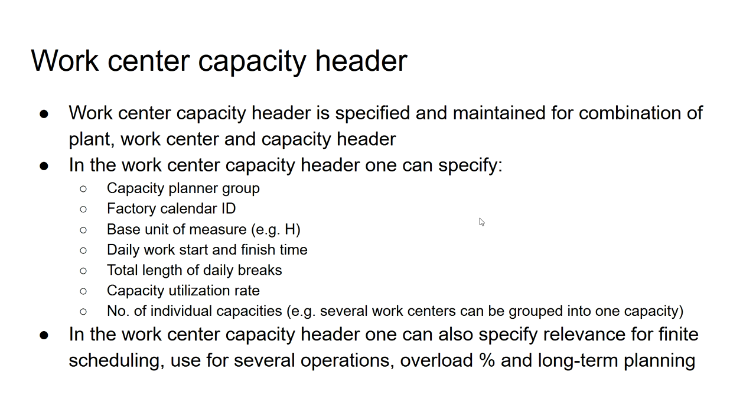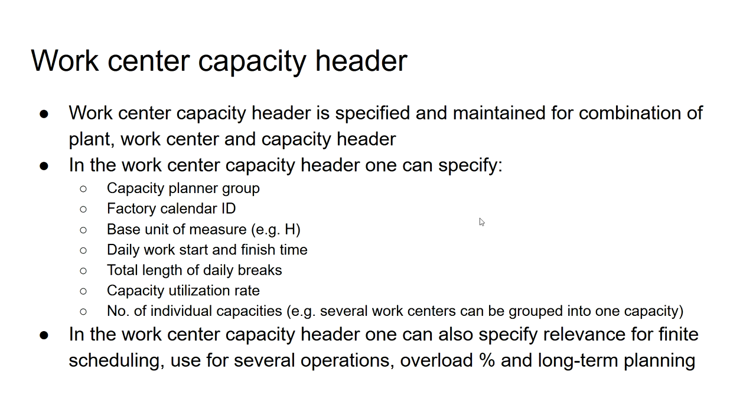All of this time will be available and you can use it in a productive manner. In reality, this will almost never be the case. Therefore, you should specify a capacity utilization rate that is below 100%. For example, if you set the capacity utilization rate to 95%, your assumption would be that there's some loss in productive time equal to 5% of the time available between work finish time and work start time, minus the breaks.